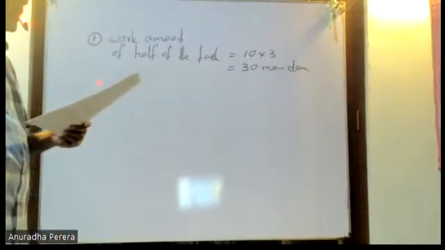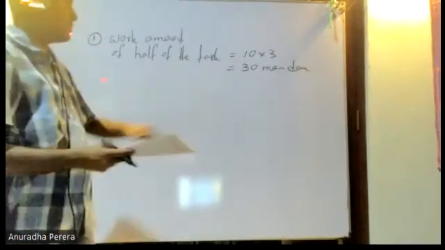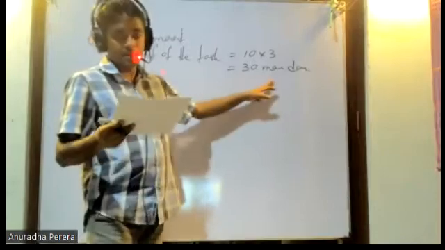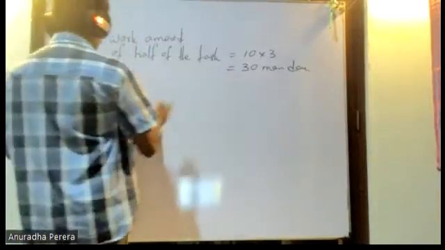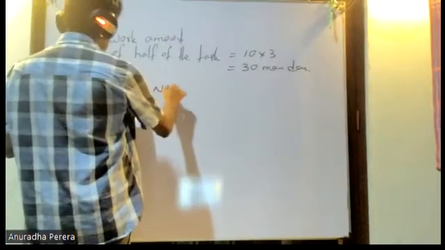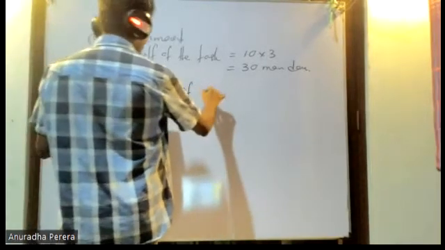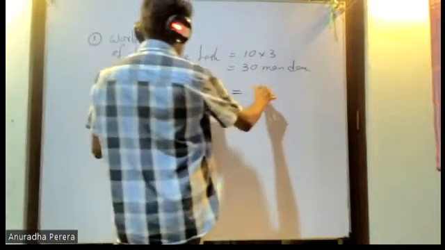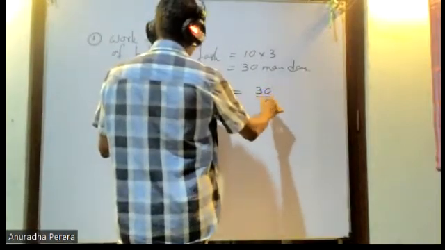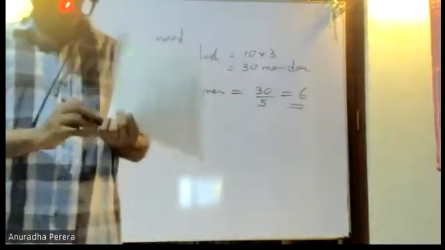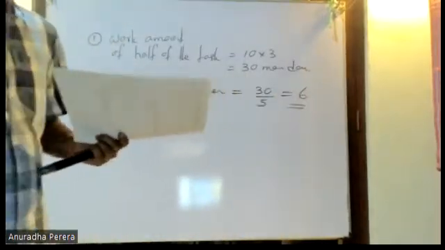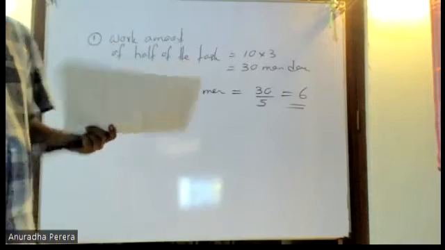How many men are required to complete the remaining half? Remaining half means the same work amount in 5 days, right? Number of men can be determined. Divide this 30 by 5. The answer is 6. Very good. Second one.